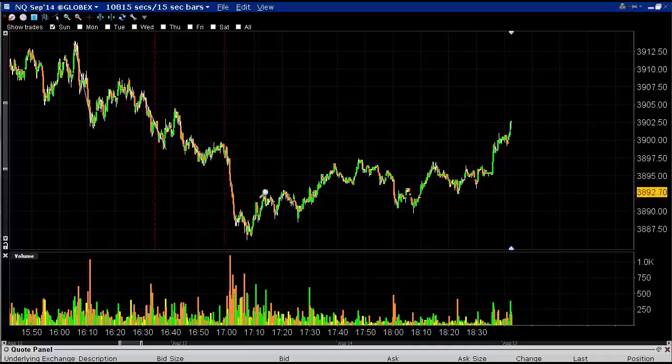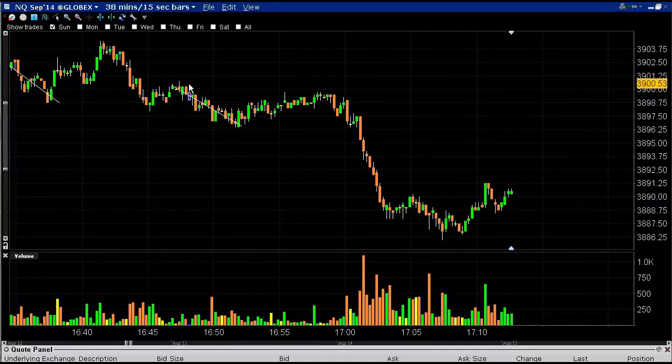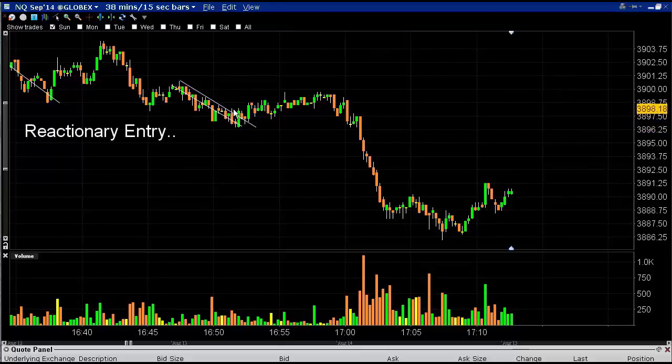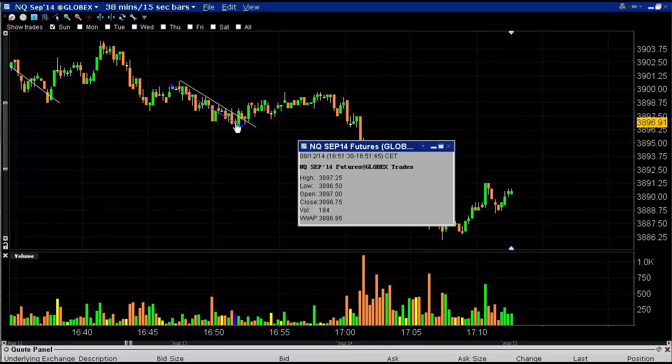So how would we enter? We would enter, let's get in close here. For a reactionary structural entry, you could have any number of entries, dependent on how you drew that in, perhaps an entry here at 98.25, in which case you would have needed a stop greater than 1.75 points to survive that and gain from the trade.